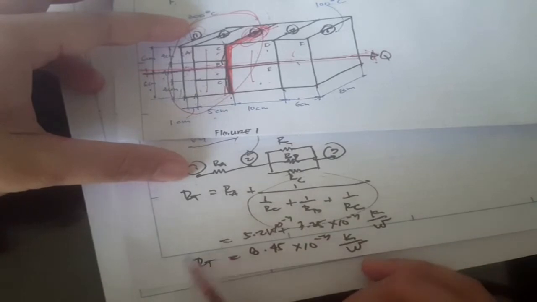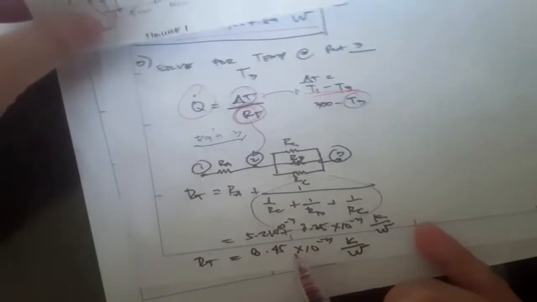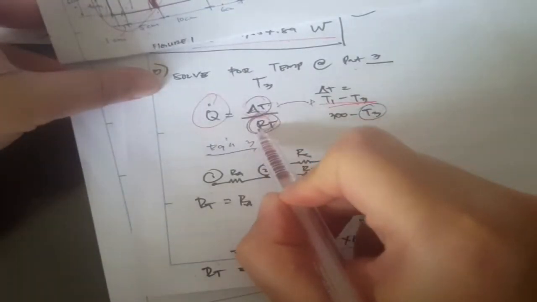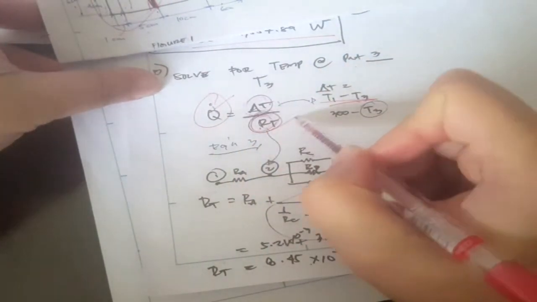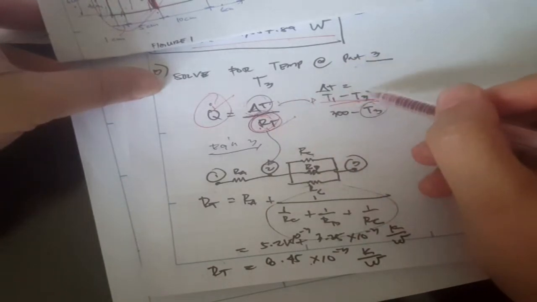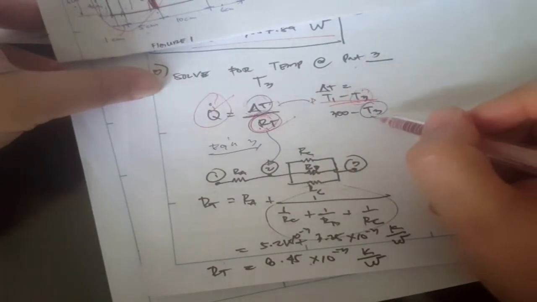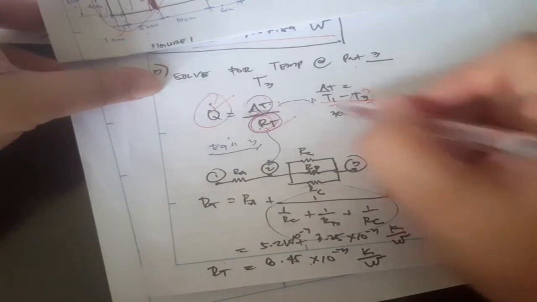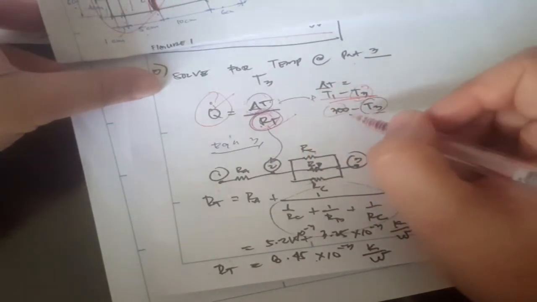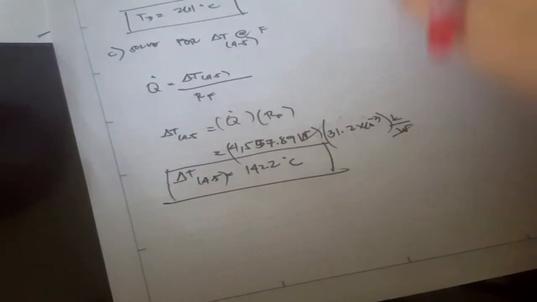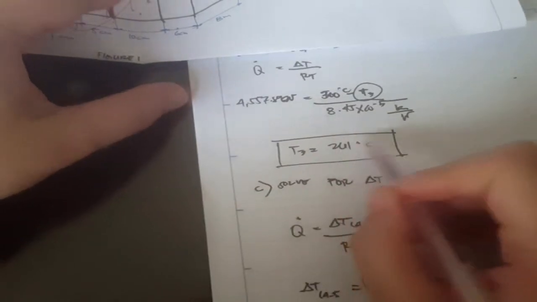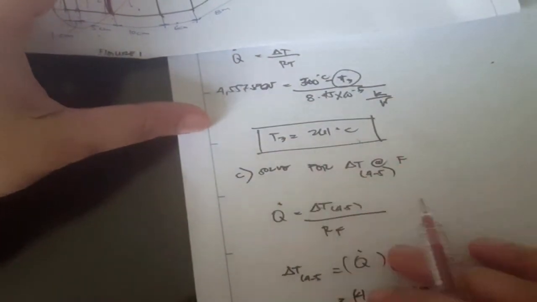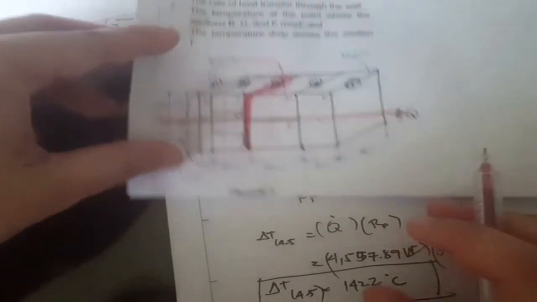By having that, we come up with the total RT, and we substitute it into this equation. We already know the value of Q and have computed the RT, so now we can compute the temperature at point 3, since we know the value of T1. By having that, we come up with the temperature T3, which is equal to 261 degrees C.